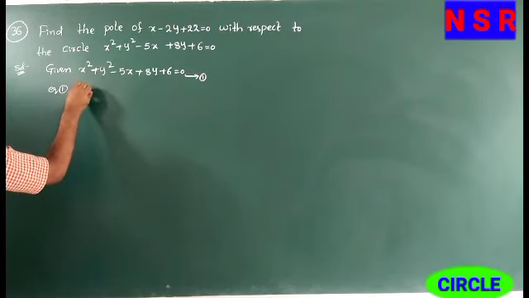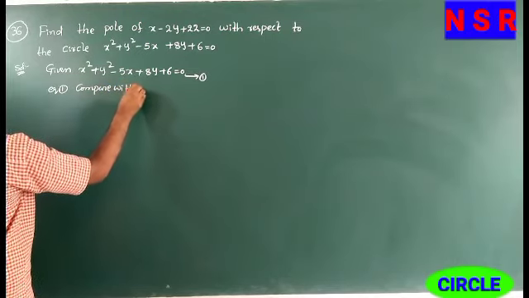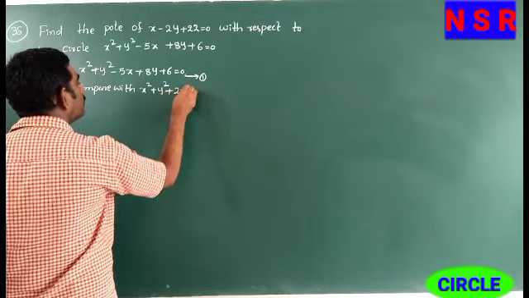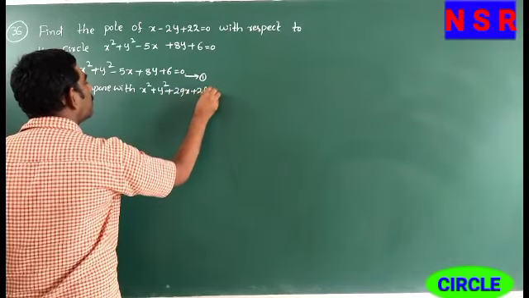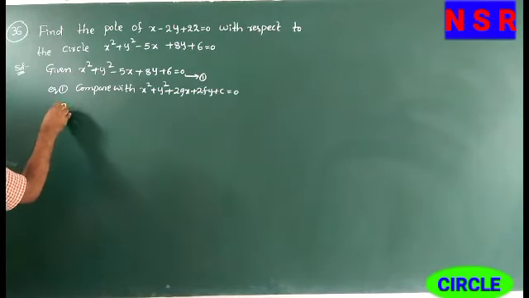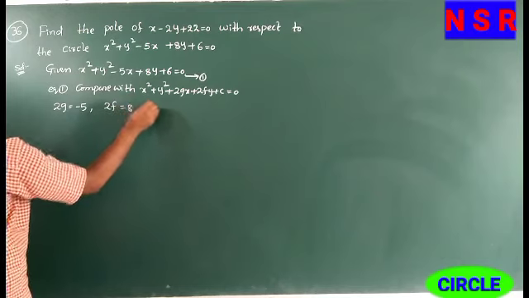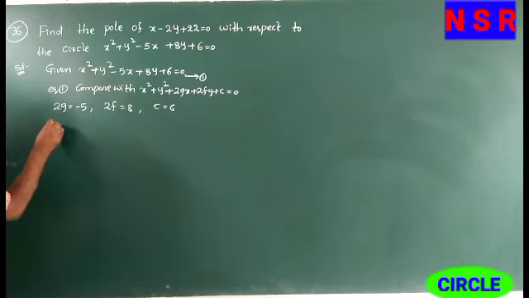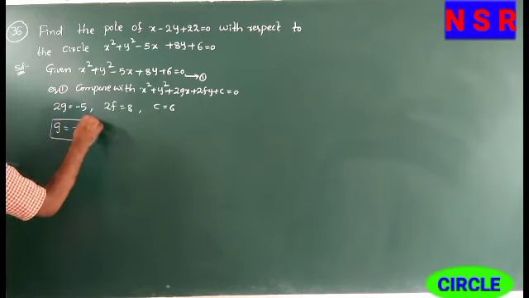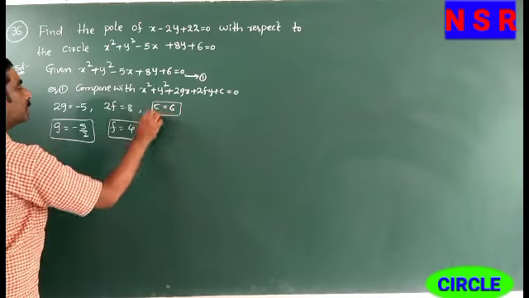Compare equation 1 with x square plus y square plus 2gx plus 2fy plus c equal to 0. Now 2g is equal to minus 5, 2f equal to 8, and c equal to 6. So g equal to minus 5 by 2, f equal to 8 by 2, which is 4, and c value is 6.